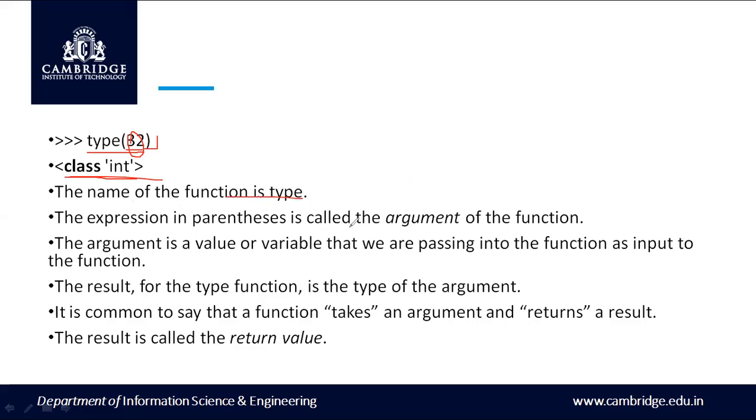The expression in the parentheses is called the argument of the function. An argument is a value or variable that we pass into the function as input. The result of the type function is the type of the argument, here integer type. The result is called the return value. It is common to say that the function takes an argument and returns a result.